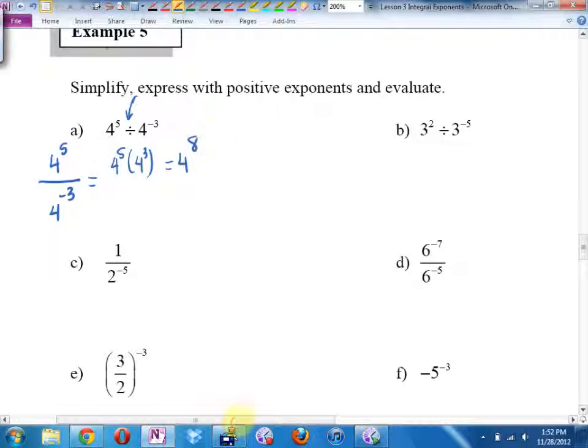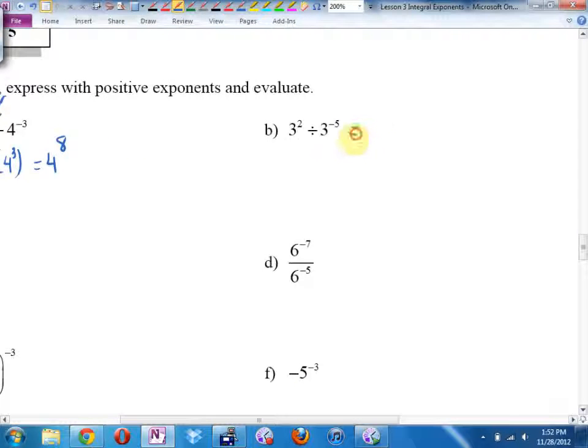If I was doing B, I would say, oh, for Pete's sakes, this is really 3 squared over 3 to the negative 5. I would say, this is really 3 squared and elevator 3 to the 5th over nothing. Well, over a 1. Am I going to write the over a 1?